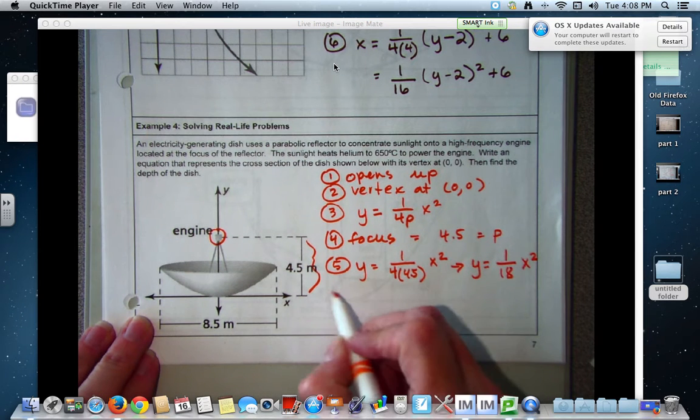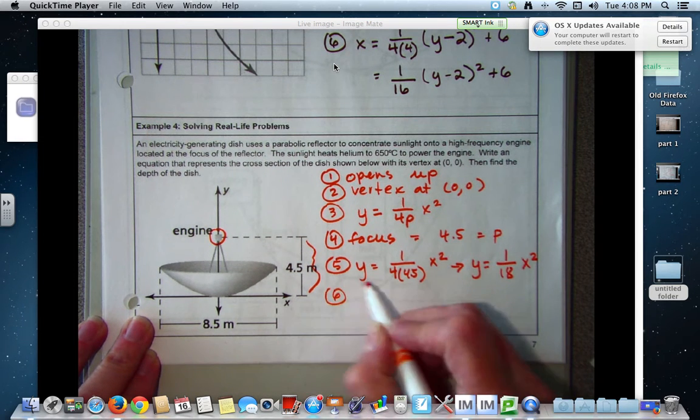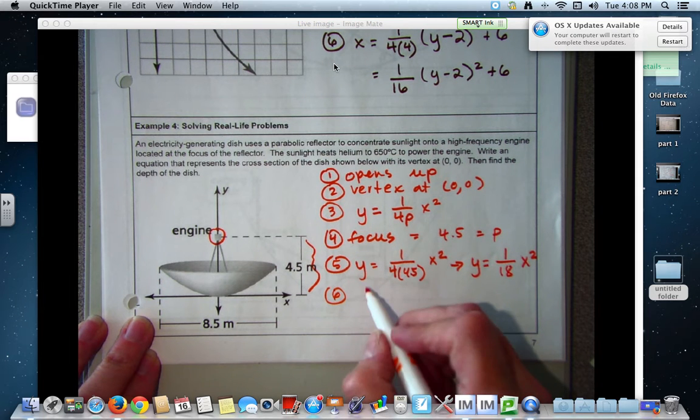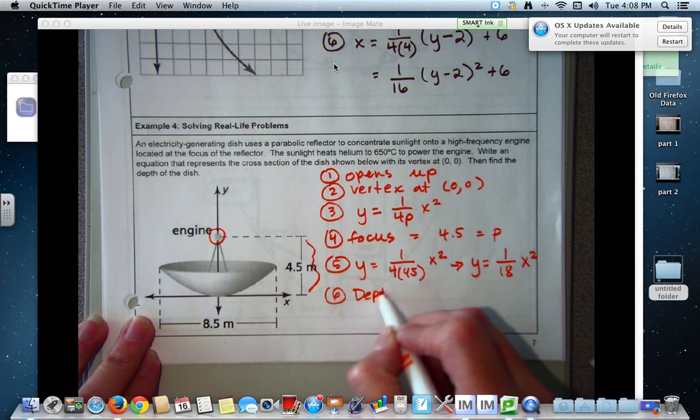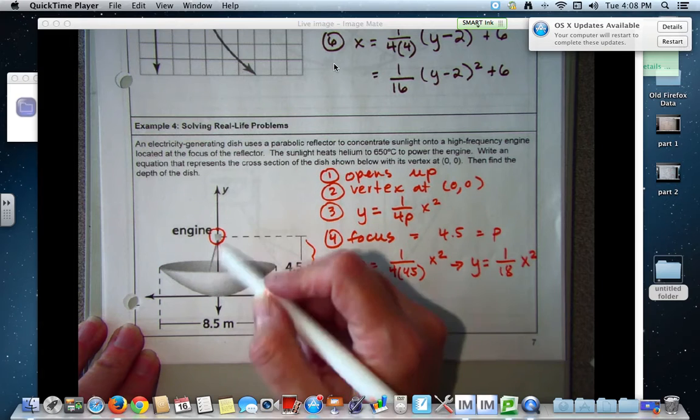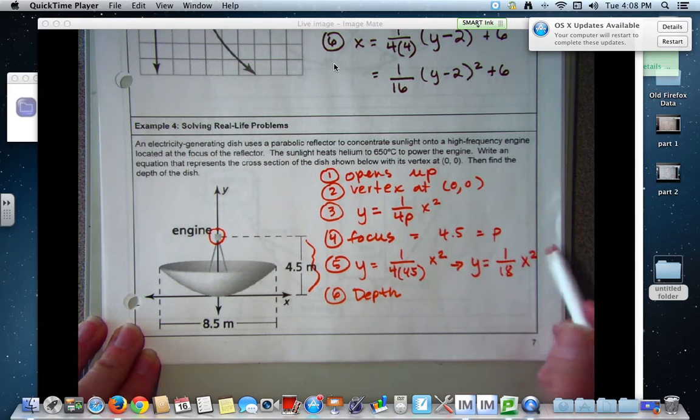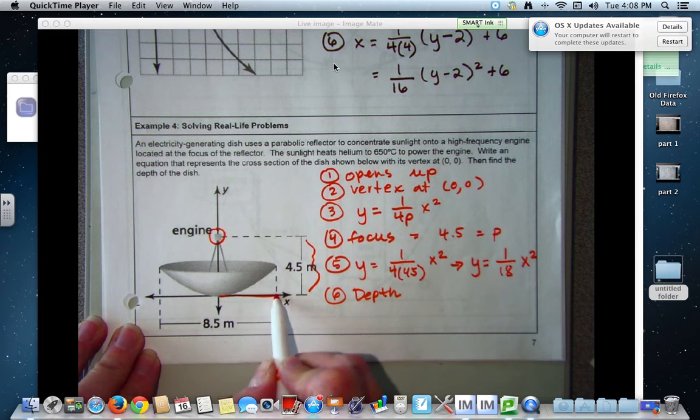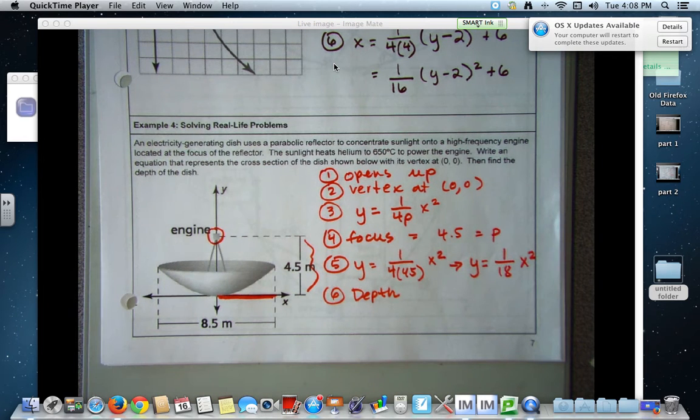So the next thing that we're supposed to find is the depth. So the depth, how deep it is along our y-axis. What we know is how wide it is along the x-axis.